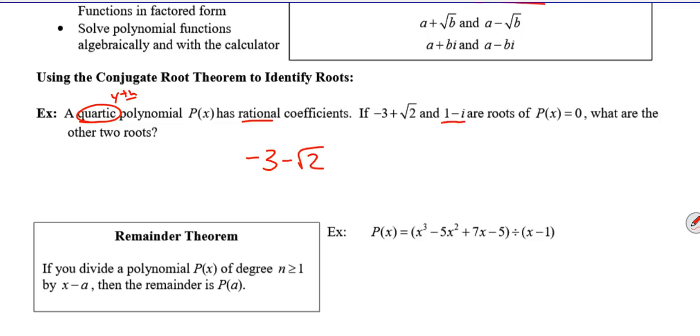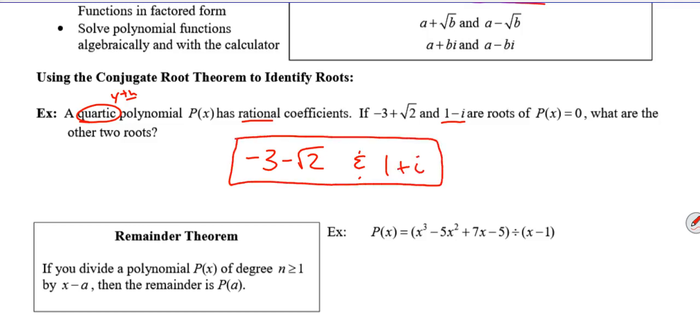And then it has this imaginary root, so I know its conjugate is also a root, which is 1 plus i. So I knew there were 4. They gave me 2. I found the other 2 using the conjugate root theorem. Make sure you know how to find conjugates.